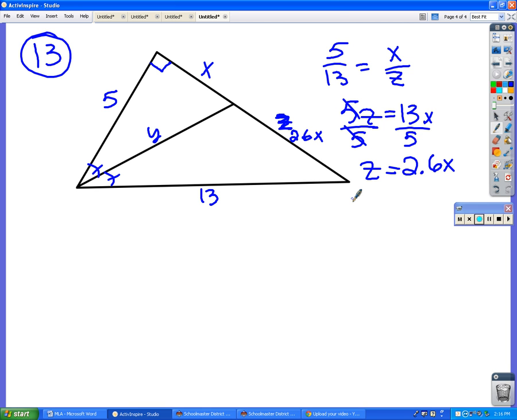So if I replace that with 2.6x, now I can look at this whole entire side, and how long is that whole side? 2.6x plus x, which is how many x's altogether? 3.6 x's. Okay? 2.6 x's plus 1x is 3.6 x's.